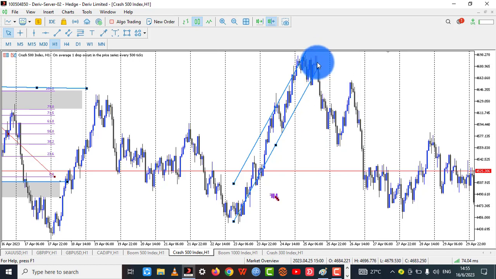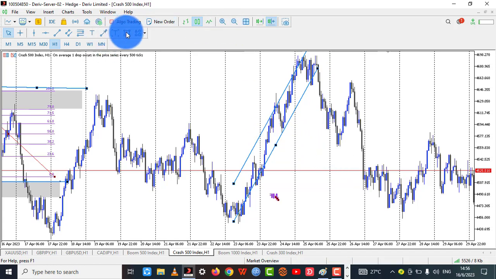As soon as it breaks this support level, this flag pattern acts as a support and resistance. The top one is the resistance, the bottom one is the support. As soon as price breaks this support trend line, you're going to be looking to enter on the filling in of this imbalance, and you wait for price to hit your TP right there on this demand zone.